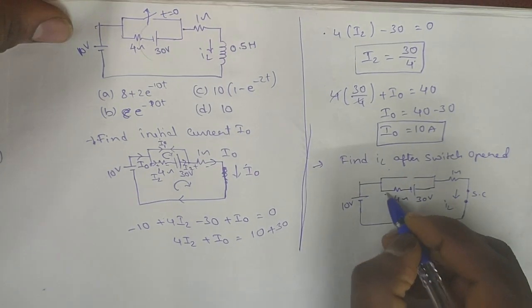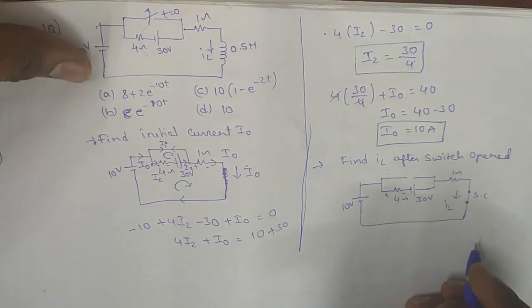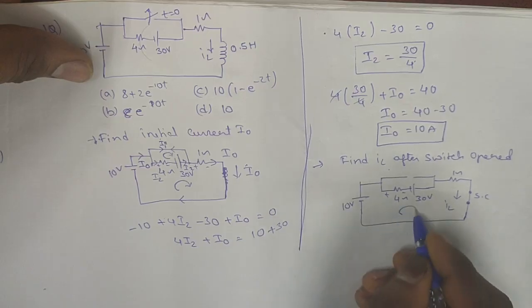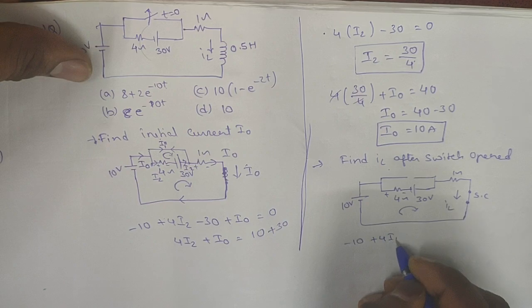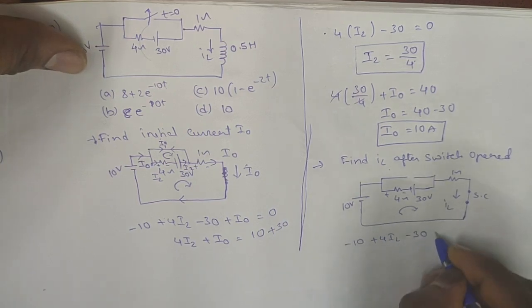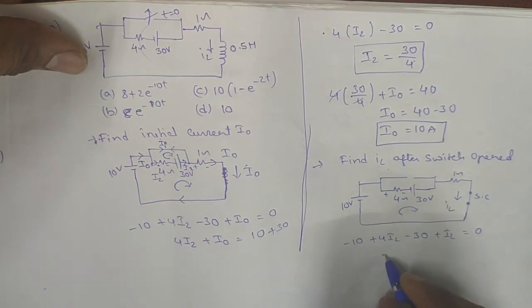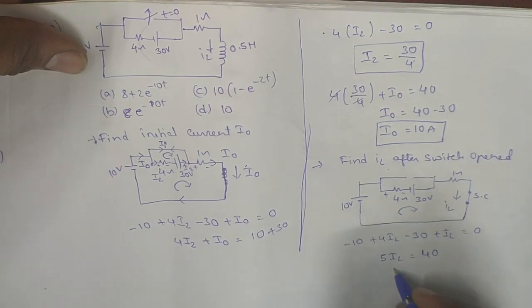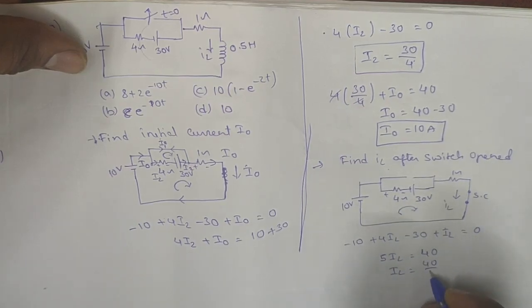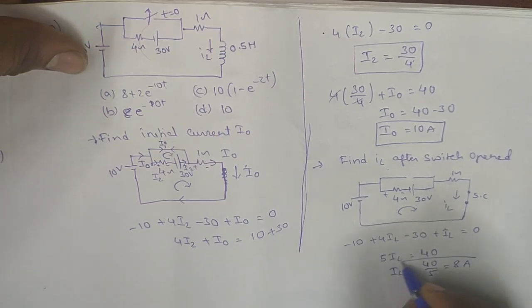So IL is flowing in this direction. As it is a series connection, the current is the same, so we will apply KVL here, minus 10 plus 4 IL minus 30 plus IL is equal to 0. So 5 IL is equal to 40. IL is equal to 40 by 5, that is 8 amps.